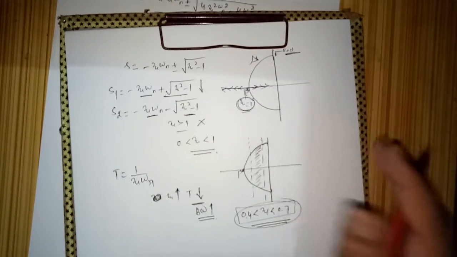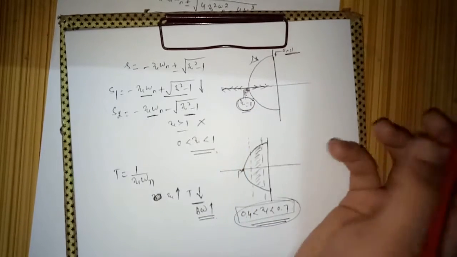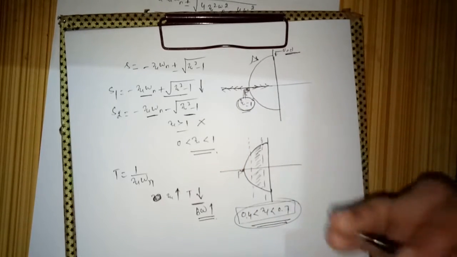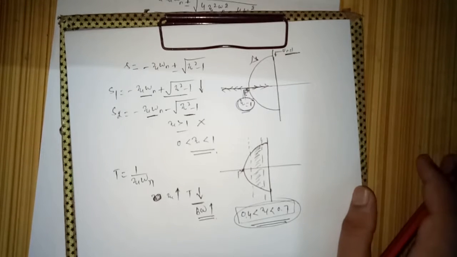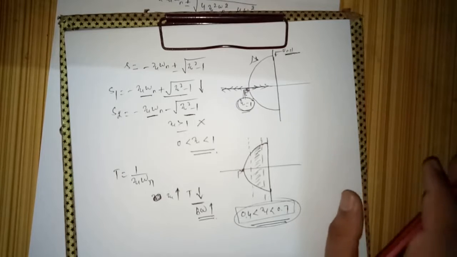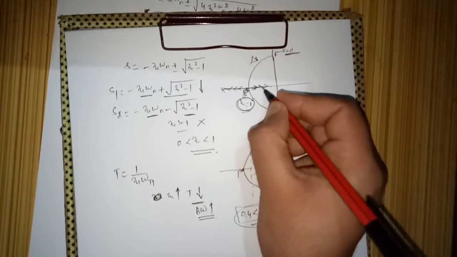Second, a critically damped system is quite impractical because it may go to overdamped anytime, so we will not use that either. And an overdamped system becomes slower with time.